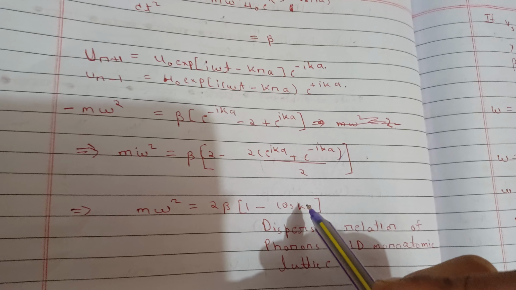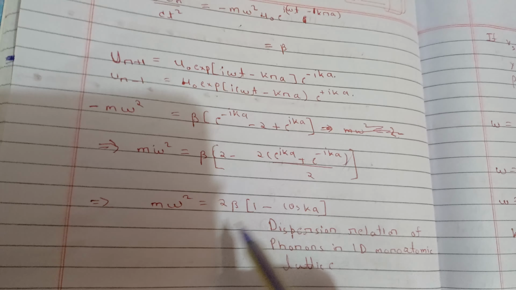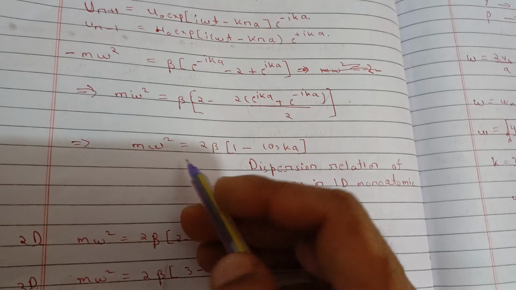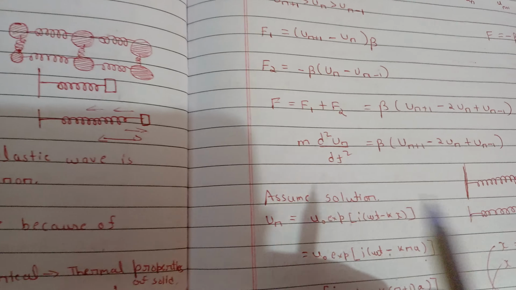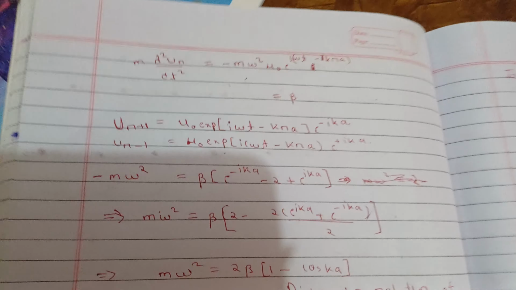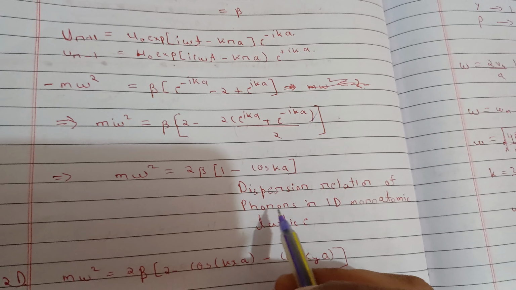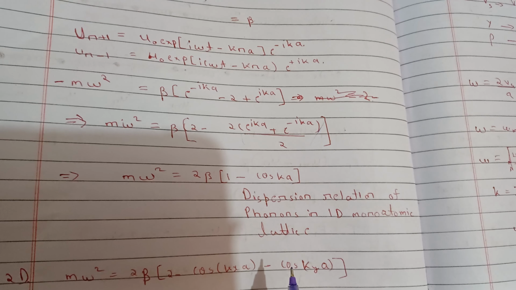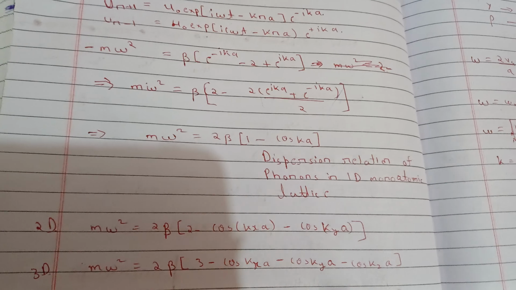So it can be written as cos k a, we take the 2 common here, and then this gives us the solution of this equation. This is called the dispersion relation for the phonons in a 1D monoatomic lattice. This is the relation we needed to find.